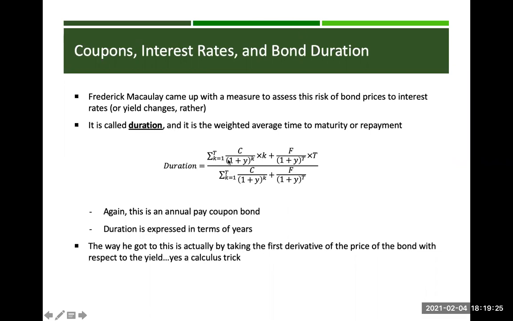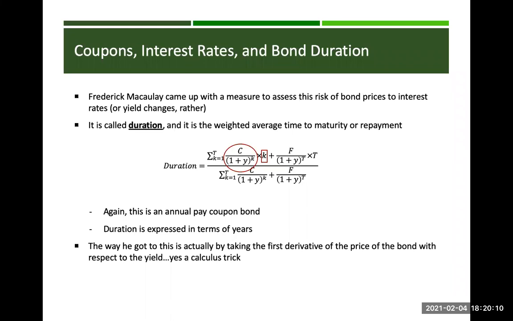Here's the equation for duration. So let's see if I can annotate. Right there's the weight. The K represents the time to payment.